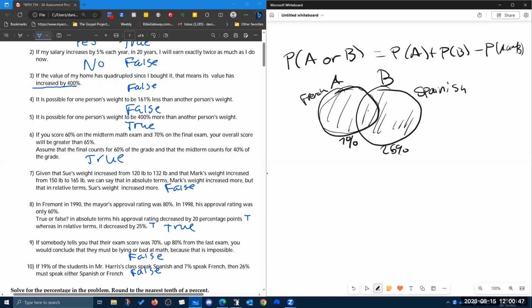I'm sorry, this is 19 and this is 7. It would not be correct to add those two percentages together and say that they would make up the total area of both circles as 26%, because there's probably going to be some overlap. There's probably going to be some students that speak both French and Spanish.